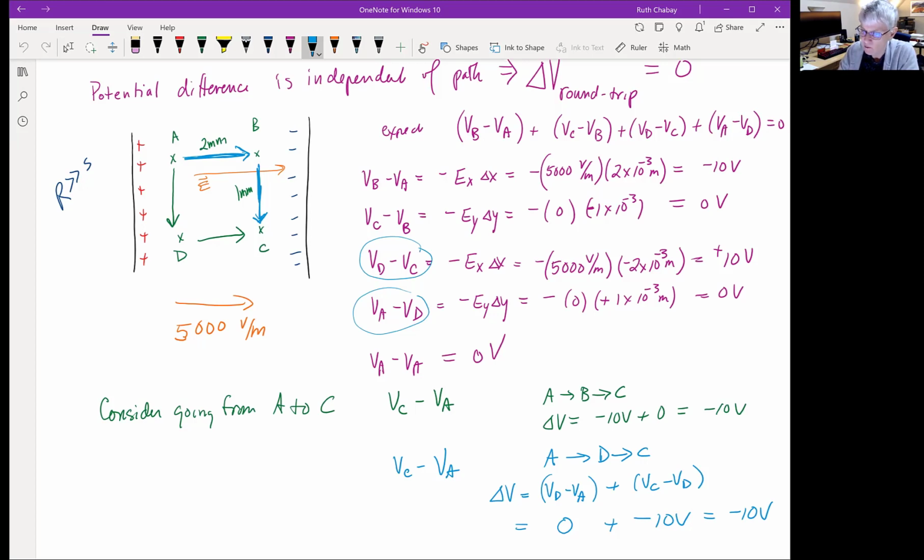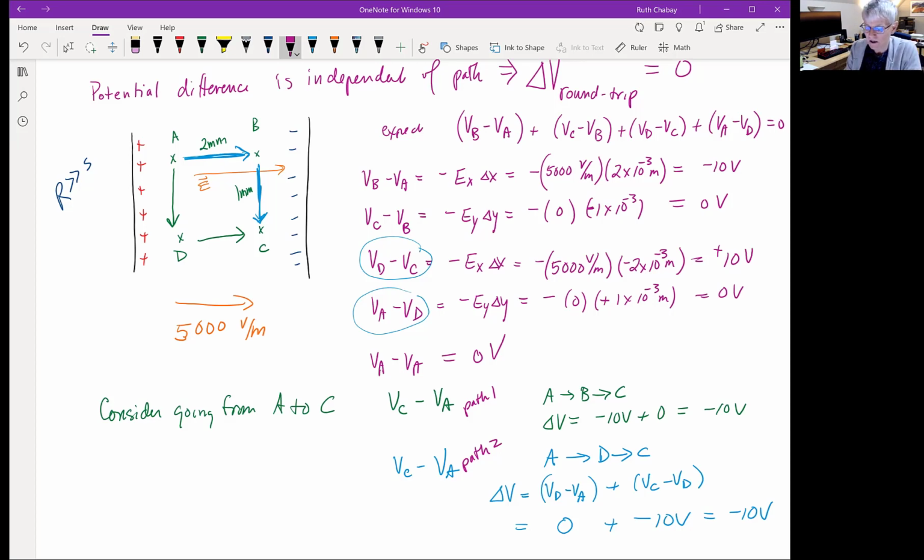So it doesn't matter whether we take path 1 or path 2, we're going to get the same answer. Now this has an interesting implication, because when we're calculating a potential difference between two locations, we can take any path we want.